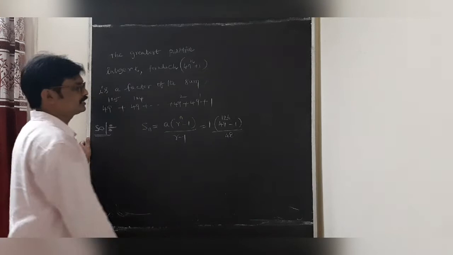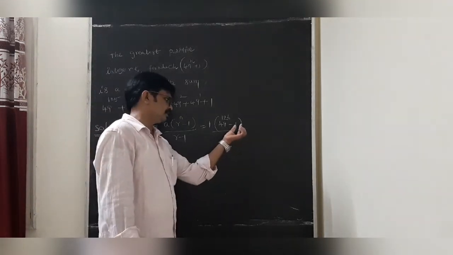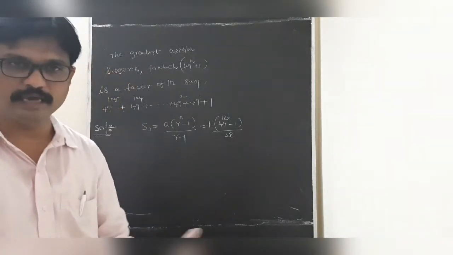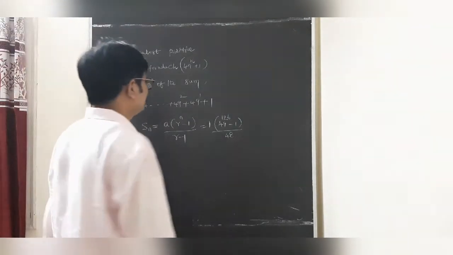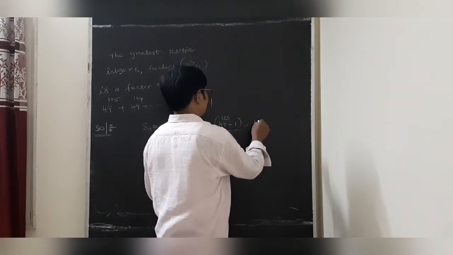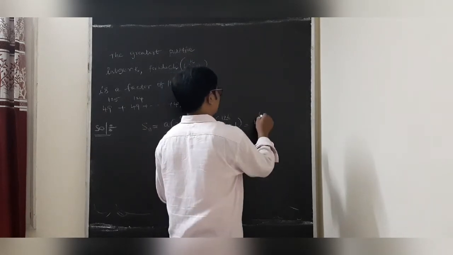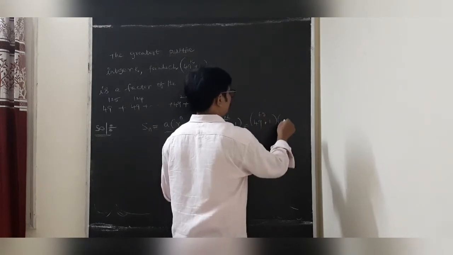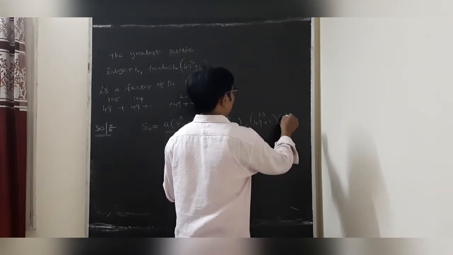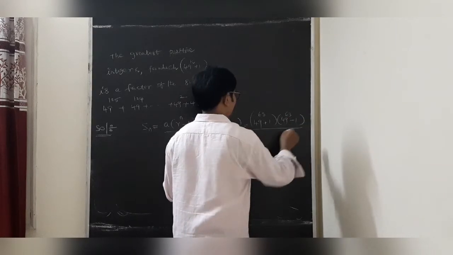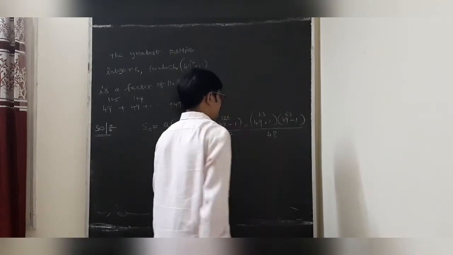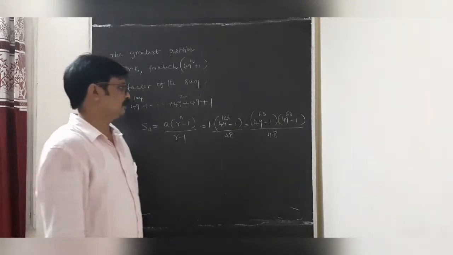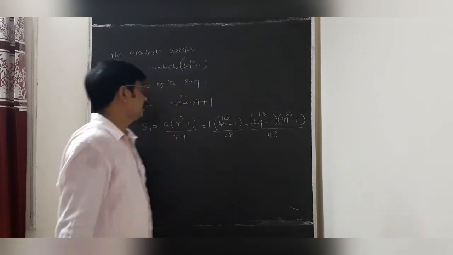So, dear students, this can be written using a square minus b square is a plus b into a minus b. This can be written as 49 power 63 plus 1 into 49 power 63 minus 1 upon 48.